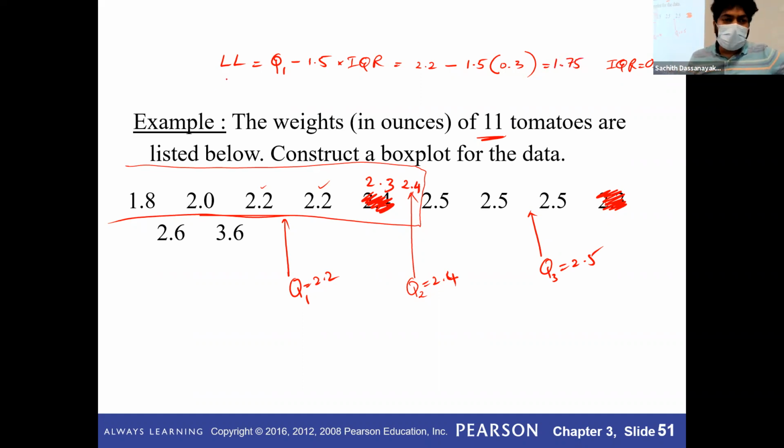Then upper limit: Q3 plus, definitely plus, not minus, 1.5 times IQR. Again, IQR is the same value, it doesn't change. Q3 is 2.5 plus 1.5 times 0.3.